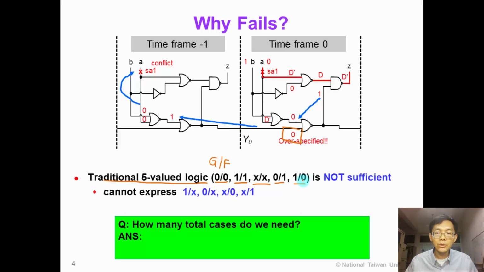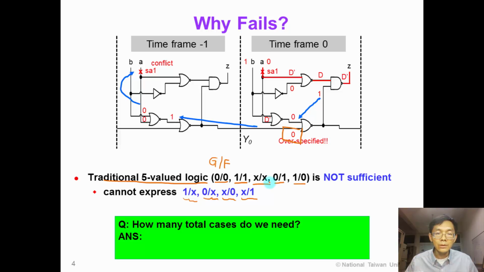This is not sufficient for sequential circuit. 5-value logic cannot express, for example, 1X, 0X, X0, and X1.